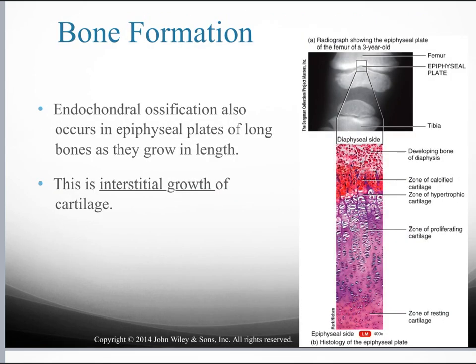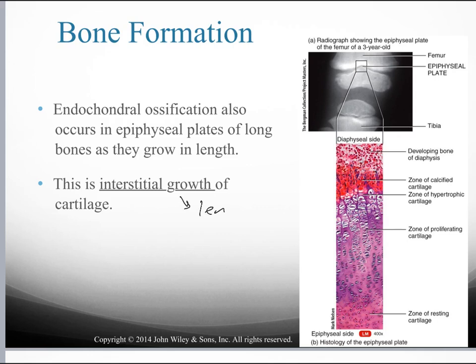Now we can look at that actual growth plate and what's occurring within that growth plate, so how bone grows from when you're an infant all the way through adolescence. So we deal with, again, endochondral ossification, which is occurring in the epiphyseal plate of long bones as they grow in length. This is called interstitial growth. So when bones grow lengthwise, we're talking about interstitial growth.